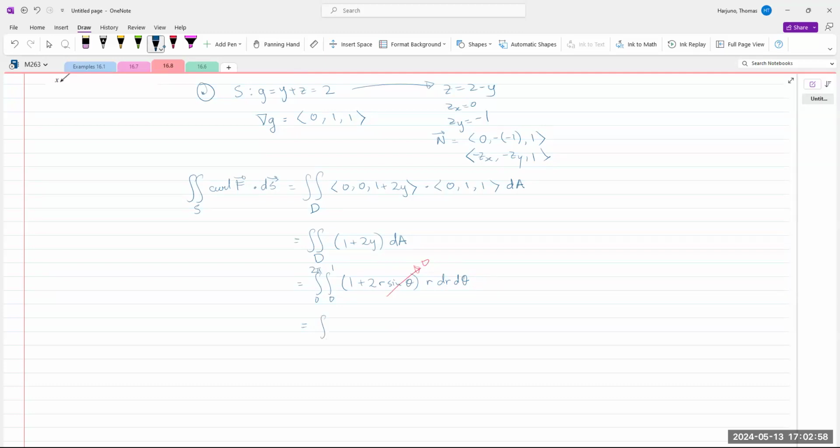So this is basically the double integral over D of r dr d theta, which is basically the area of D, which is pi.